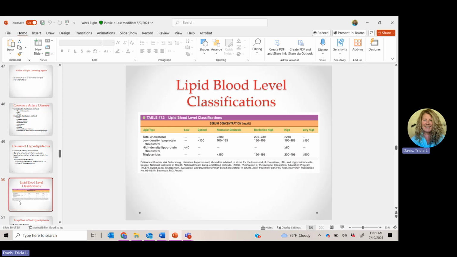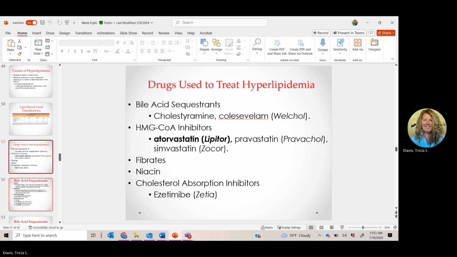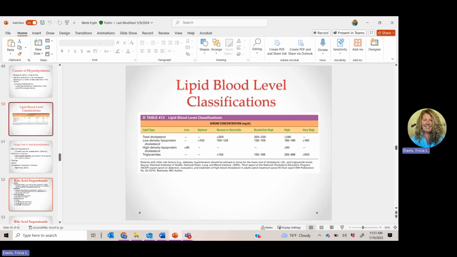Then we also want to look at our triglycerides. Our triglycerides, we always want to be less than 50. So know what your LDL, HDL, and triglycerides are, and know what those levels are that we want for our patients. And you should also know how to bring up that high density lipoprotein, the HDL.